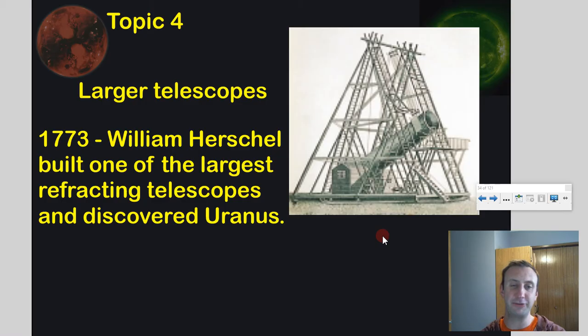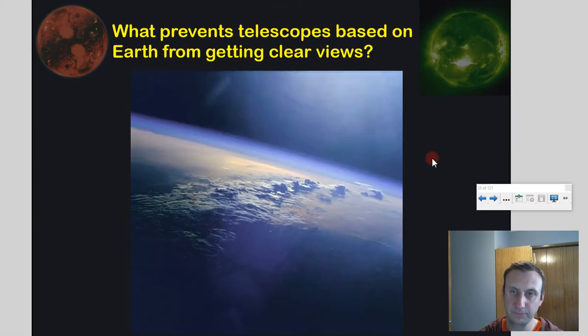In 1773, William Herschel built one of the largest refracting telescopes to date, and actually used that to discover Uranus. Some people say that Uranus to avoid the jokes, but I think officially we're supposed to say Uranus. Anyways, so kind of neat that a planet could be discovered using telescopes, and this really, really large one from William Herschel.